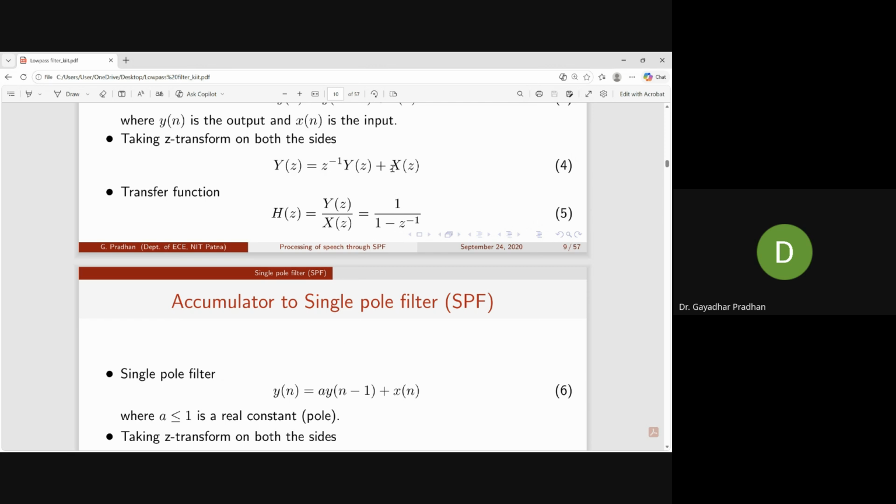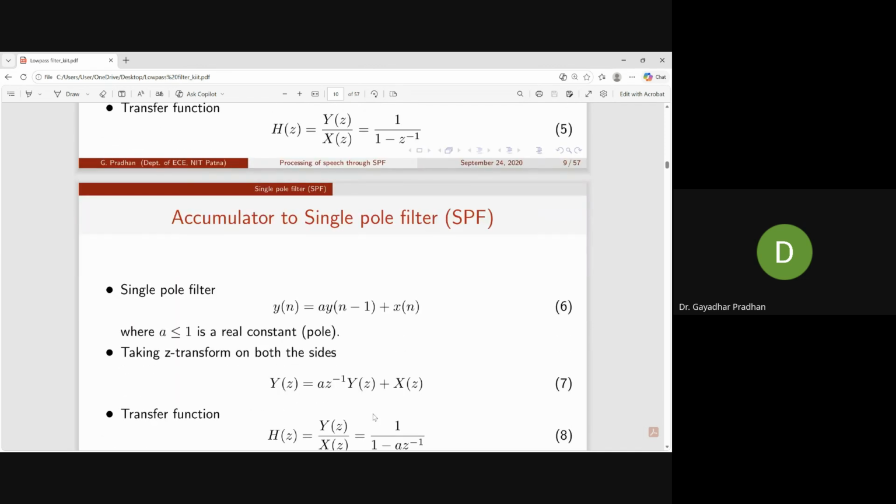I will not add x[n] directly; I will multiply by some small number and add it. So it is a times y[n-1], where a is a real constant less than 1. If a is equal to 1, I get z equal to 1, but here z equals a, something less than 1, so it brings stability to the filter.